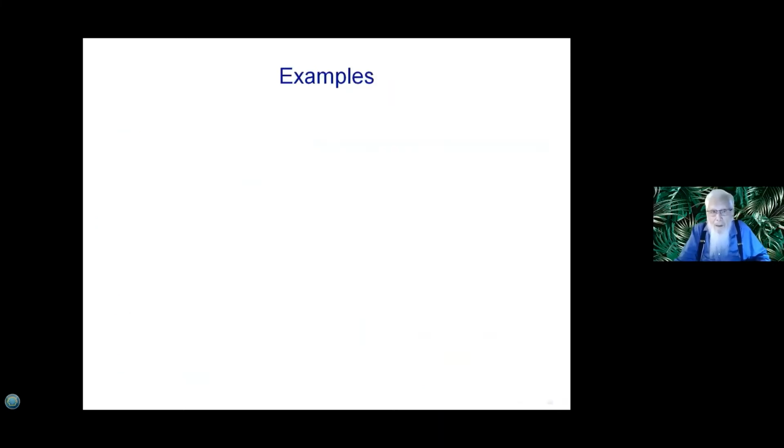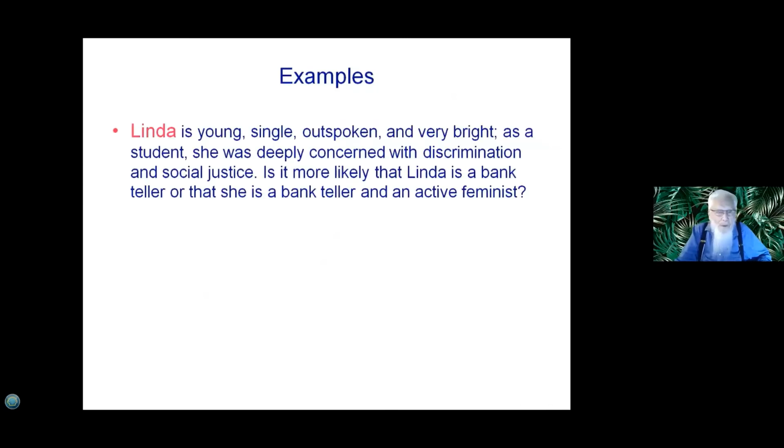Okay. Let me give some examples of that. The first example is going to be Linda. Linda is perhaps the most famous of the behavioral economist examples. She is young, single, outspoken, and very bright.